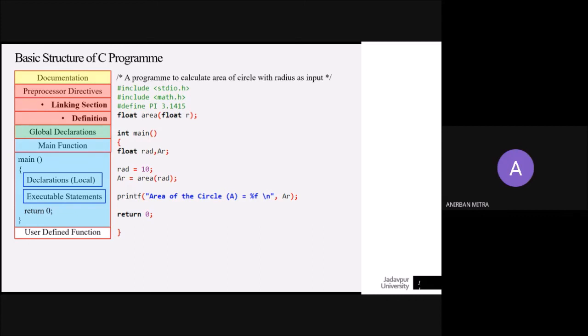At the beginning we see these two header files. You have this definition. Then in the global declaration area, a function has been defined. This is a user-defined function.